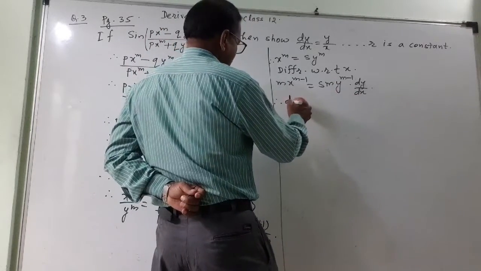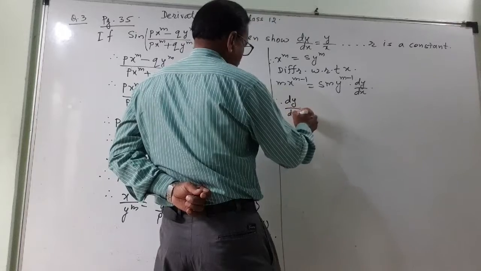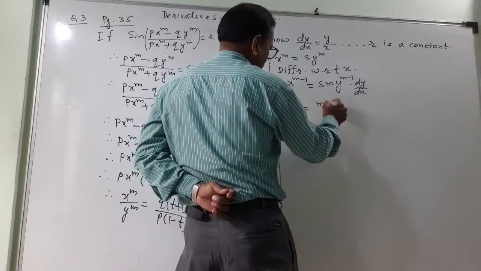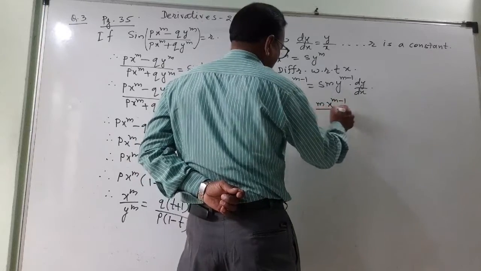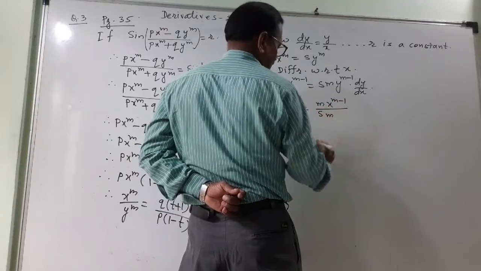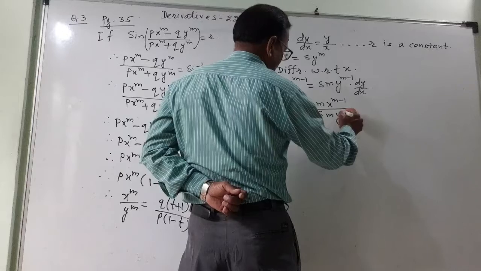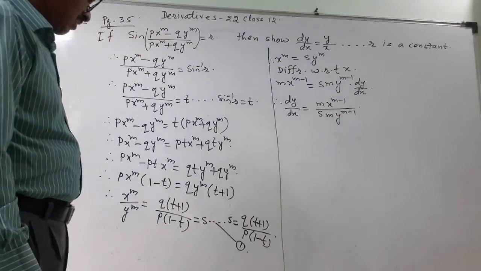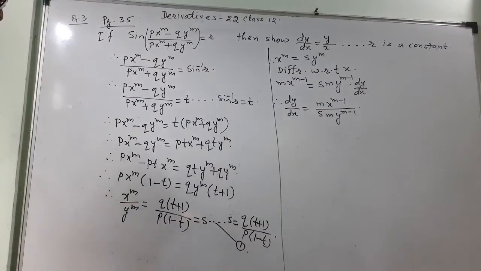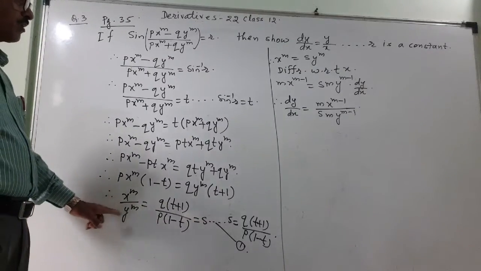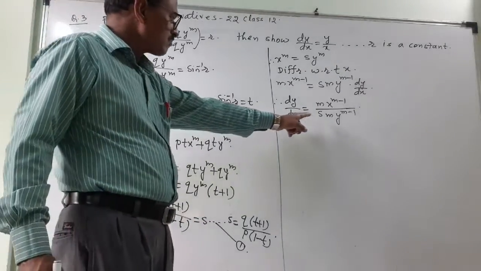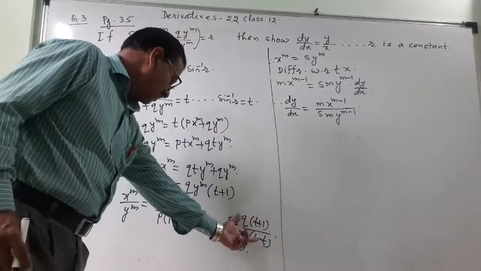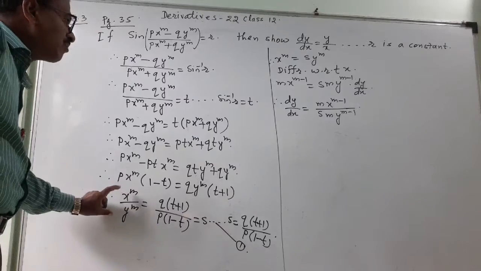Therefore, dy by dx is equal to m x^(m−1) upon s m y^(m−1). So the x part is here; the value of s is either this or this, I will put this value.